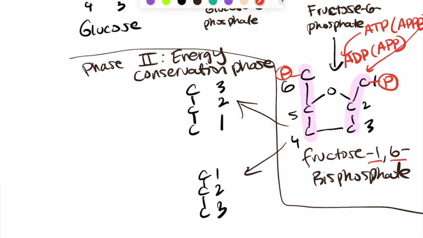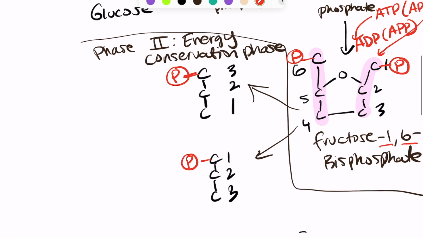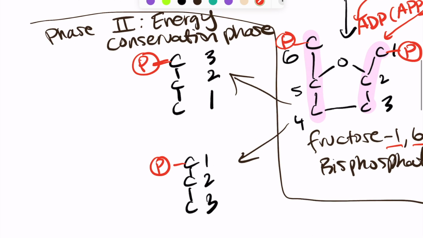And then we have carbon 1 on here, and then the carbon 6 over here is carbon 3 over here. So that's phosphate on carbon 3. So see how this is the same carbon as this carbon over here? I just renamed it to number 3. Okay, so now we have 2 separate molecules when we split up this ring right here into 2 carbon chains.